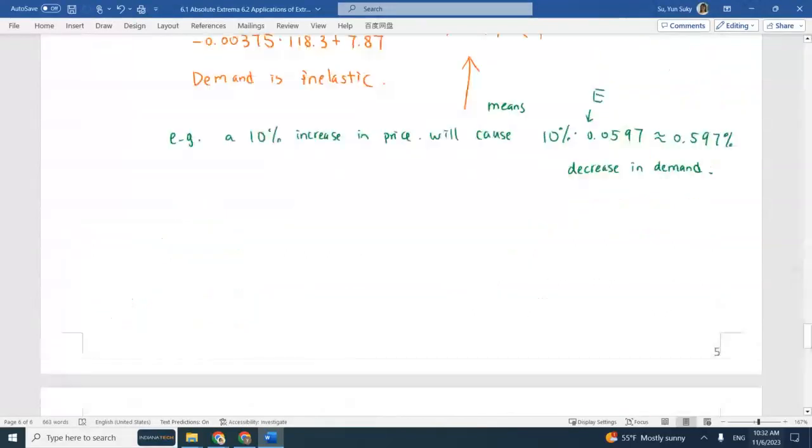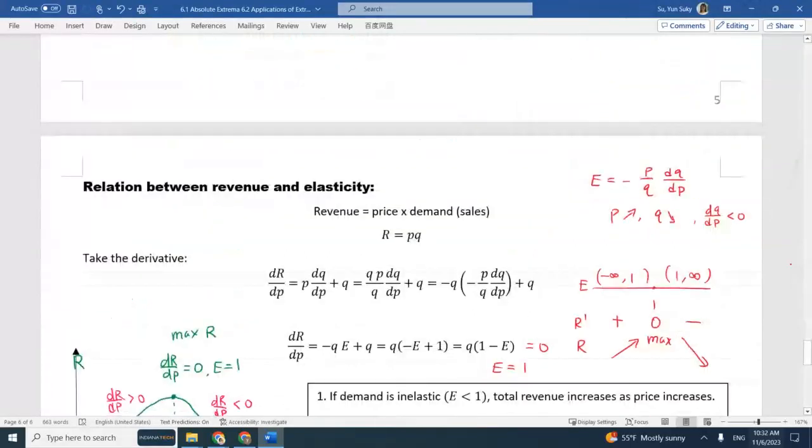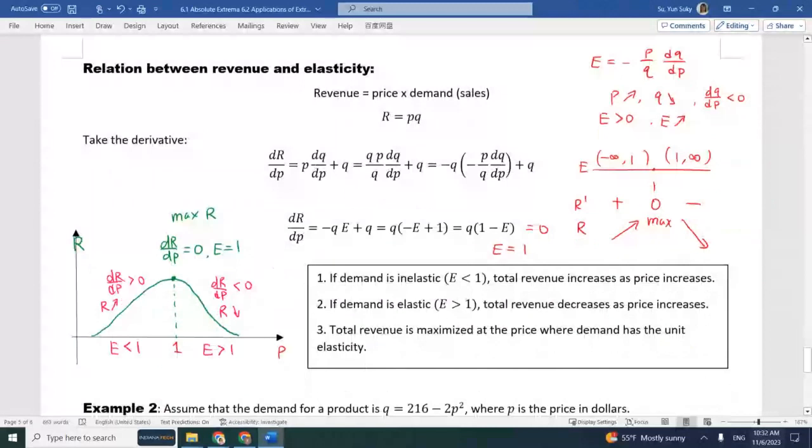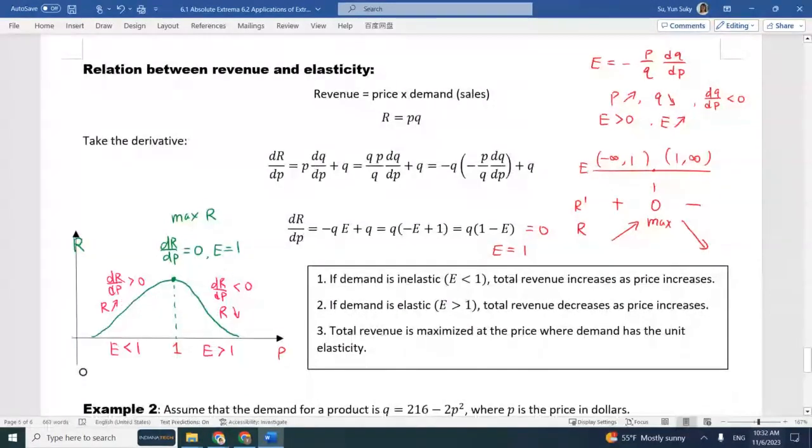So E is positive. But your P is increasing, your Q is decreasing, so your E is actually bigger, because you have a bigger numerator and a smaller denominator. So your E is actually increasing. That's why when P increases, your E also increases. Is that okay, everybody? So that's why you can say this is P or E.